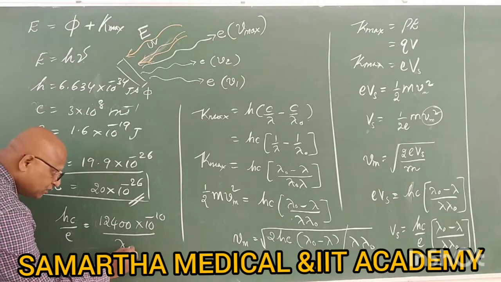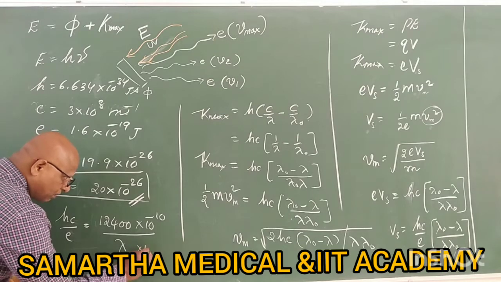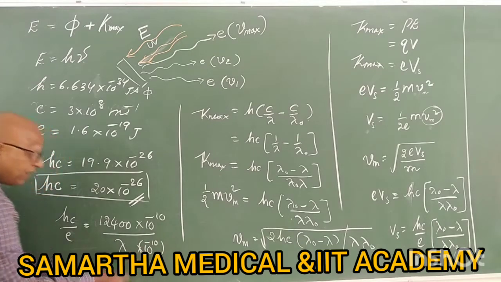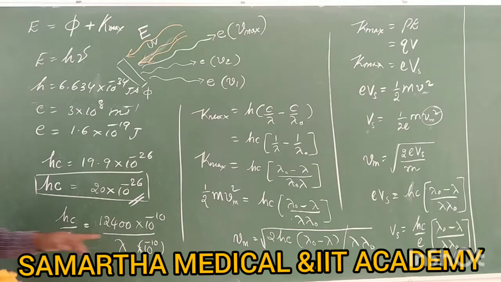Lambda is always to be taken in angstroms. If lambda means wavelength, if you take it in angstroms, then it is 12,400 into 10 to the power of minus 10 divided by lambda.